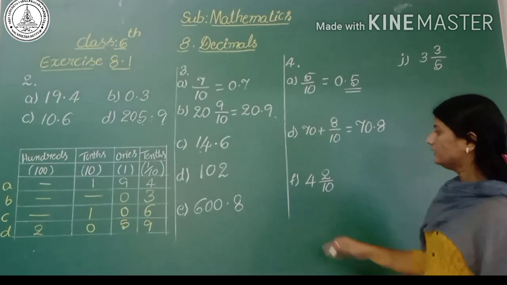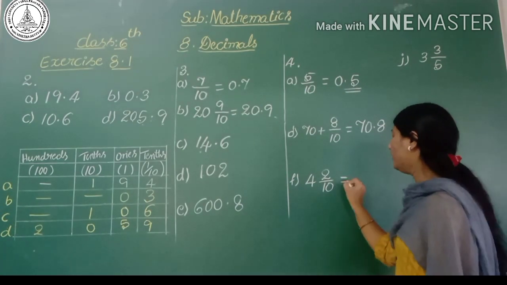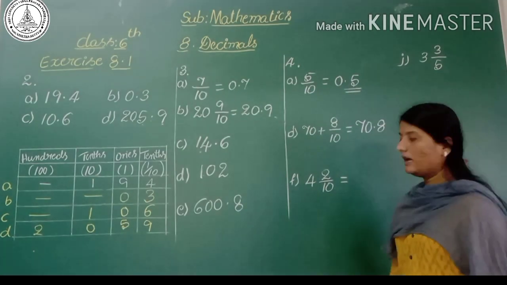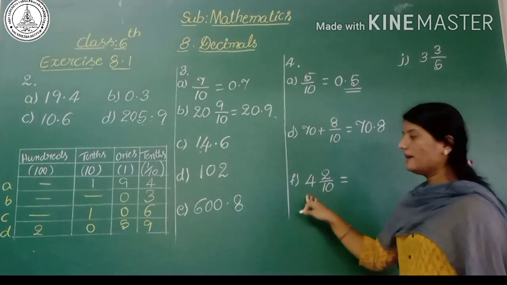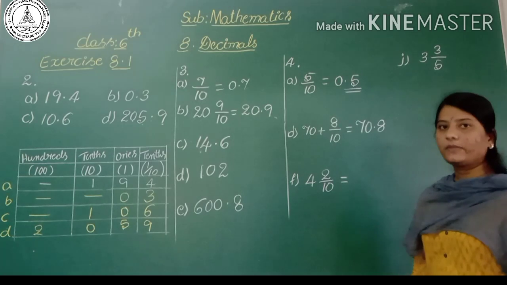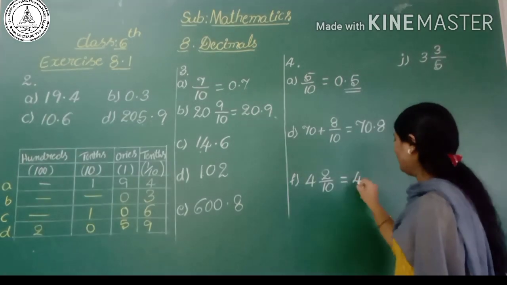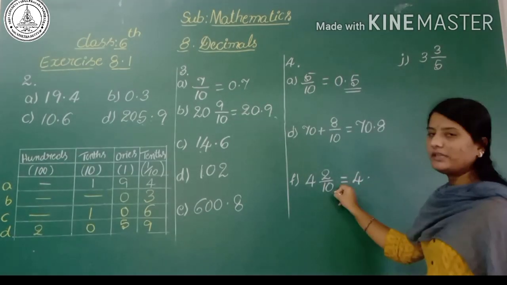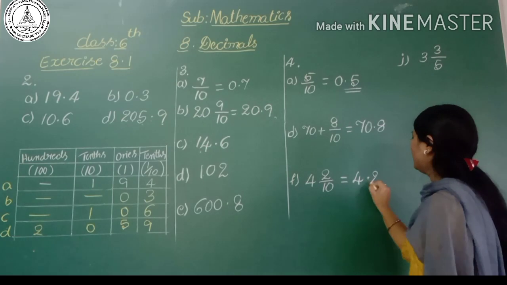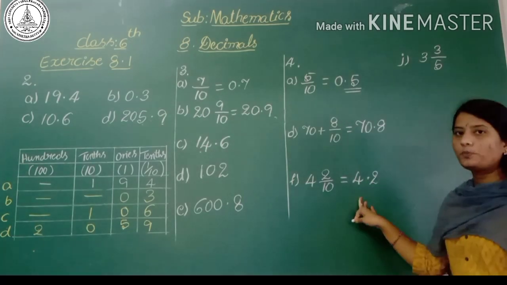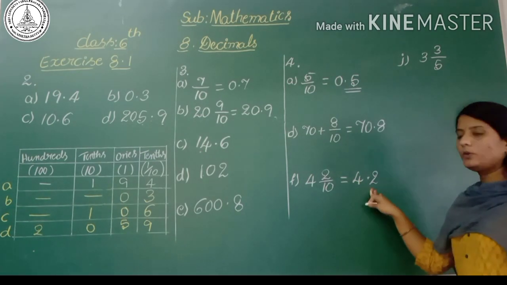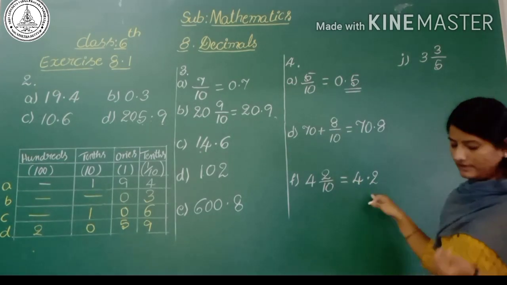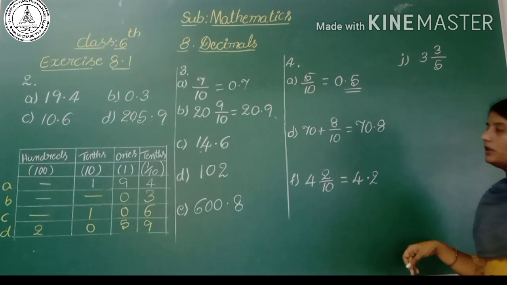Then the F question is 4 whole 2 by 10, that is 4 ones and 2 tenths, right? 2 tenths can be written as 0.2. It means 4 whole 2 by 10 can be written as 4.2 as a decimal.